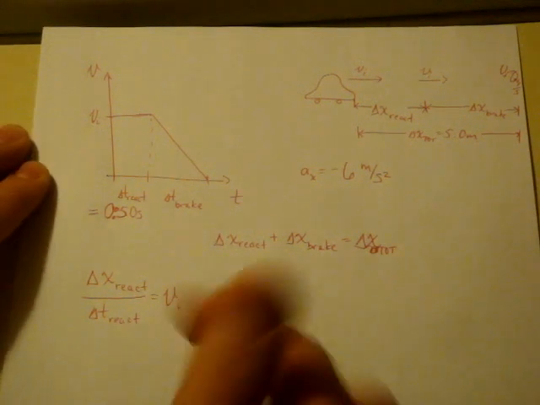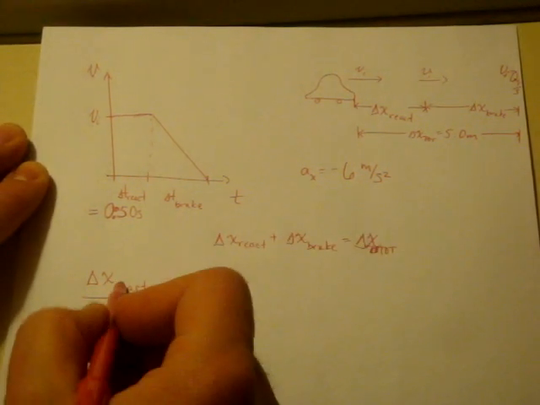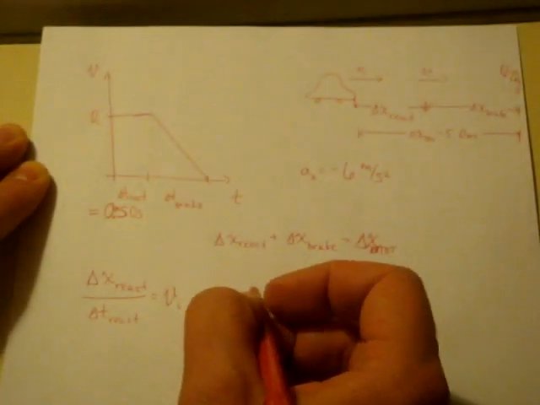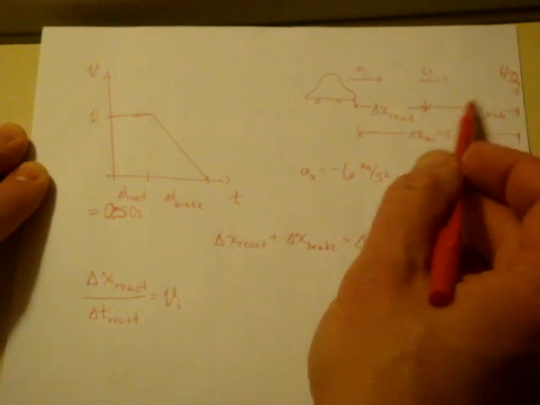We don't know what this quantity is, and we don't know what this quantity is, but we do know what this is, so that's kind of nice. And we also need an expression for the displacement during the braking.